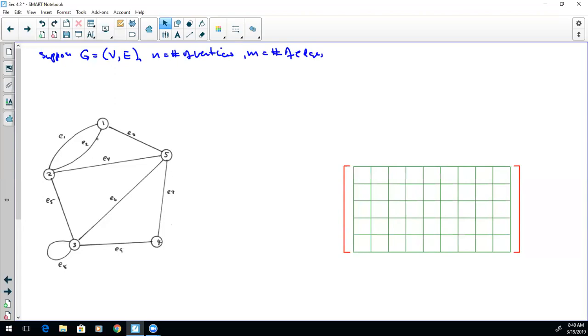Then the incidence matrix for G is the N by M matrix capital B.